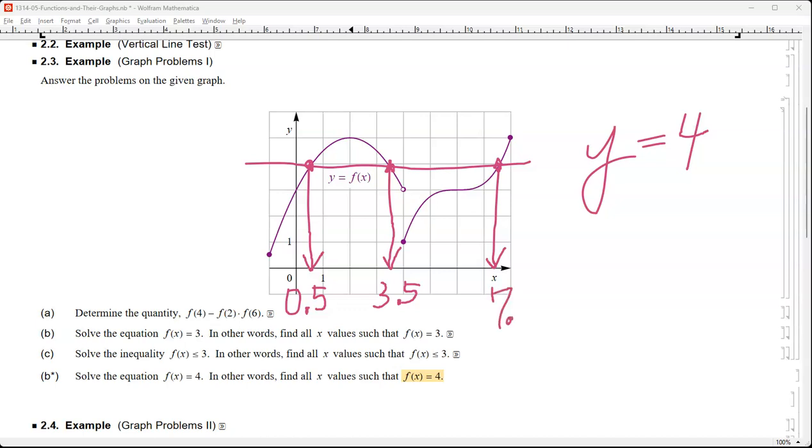It doesn't have to be accurate. Anything reasonable will give you full credit, even if you write 3.3 or 3.7. Don't worry about it. But if you use, say, 4.2 or 5.6, that's not going to count. Clearly this is between 3 and 4, you see. So in some cases, you'll have to do some estimations.